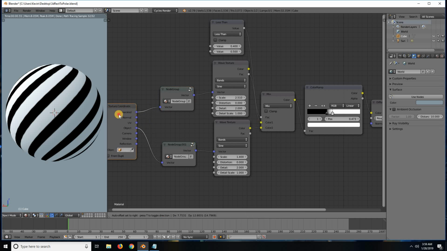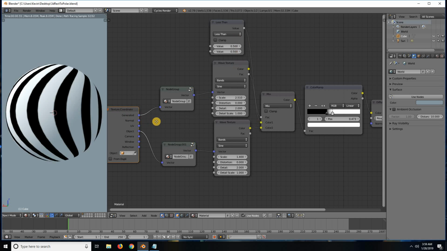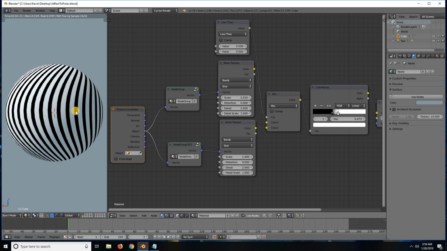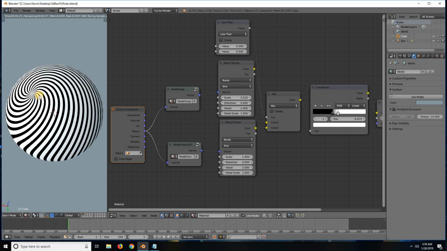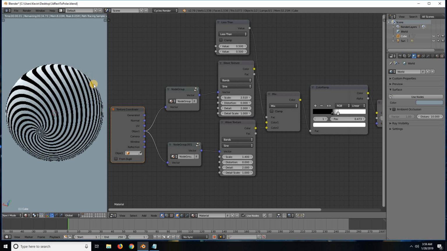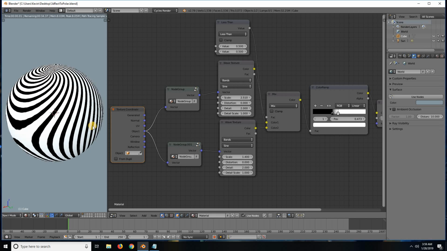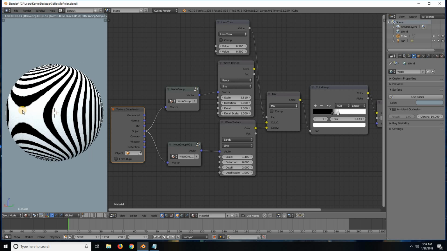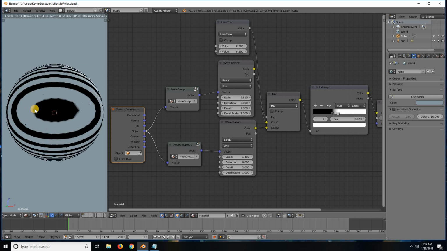Another thing you might notice is that they are running off of different texture coordinates. And that's just the way they're built, the way they understand the angles. For example, this one, if I were to try and run it off of the object-based coordinates, you can see it kind of still works. Like there's our North Pole, and there's our South Pole. But our poles are a bit closer to each other than they should be, and we got this big, weird deformation of our pattern on both sides.